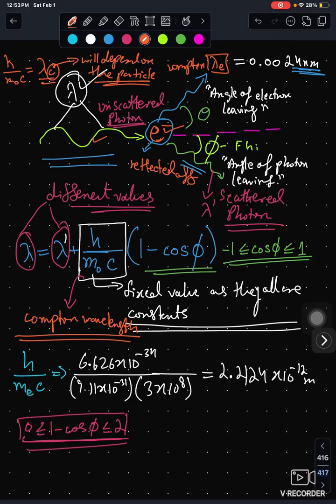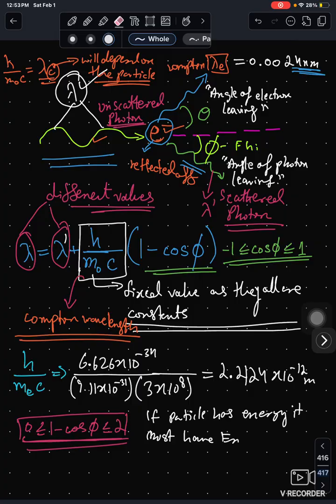Then there's something more about the energy and the momentum. Momentum is also part of this concept: if the particle has energy, it must have momentum.